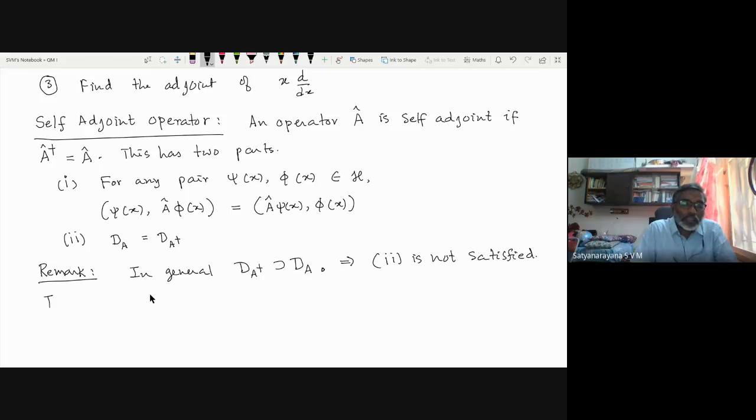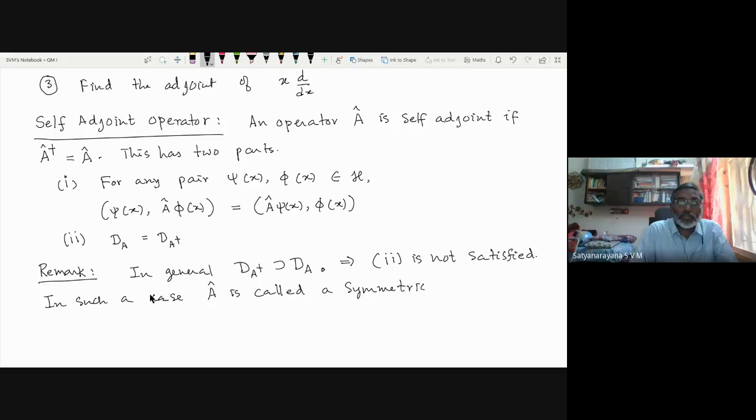In such a case, that means only one is satisfied but two is not satisfied, A is called a symmetric operator.